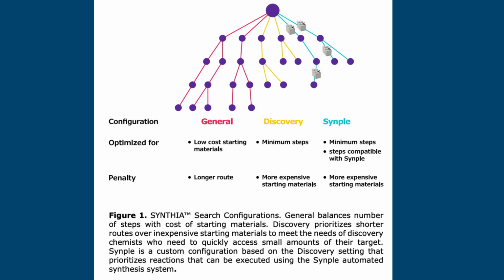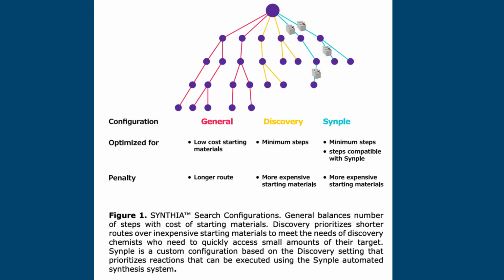Workflow: identify possible disconnections, apply reaction rules to generate precursors, evaluate precursor availability, and iterate until simple starting materials are reached. Finally, rank synthetic routes based on efficiency and feasibility.